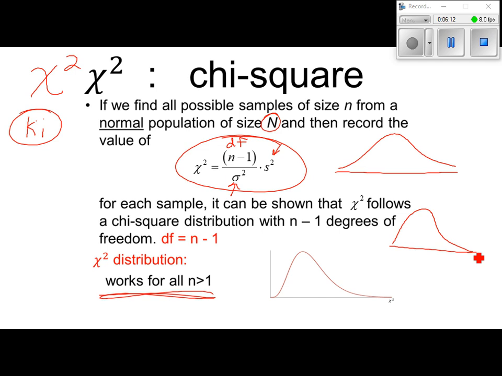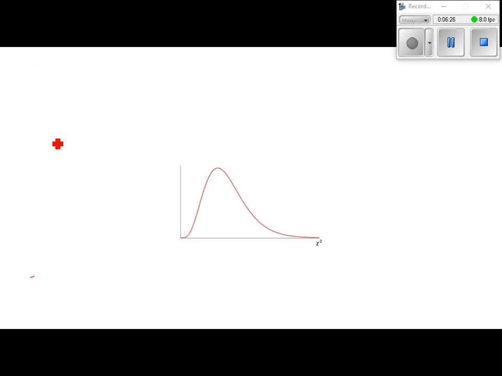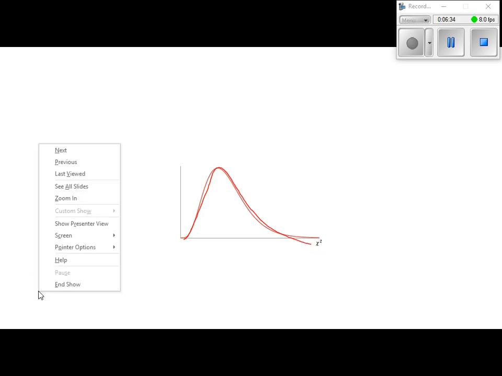We'll talk more about that as we go. Again, main thing here, this formula. Again, our chi-squared graph always has a tail to the right. That's what it's going to look like.